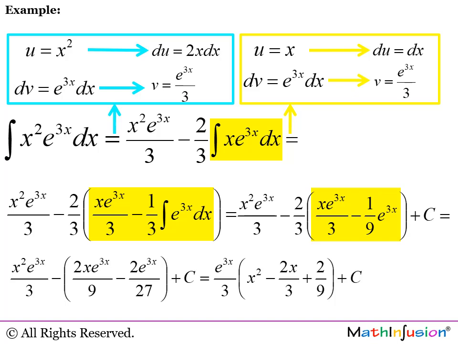So we can distribute e to the 3x over 3, and we get that. Again, I would like to remind you that even though it takes so much time to integrate those functions, it's very easy to check by differentiation that this is really right. You just have to take the solution, differentiate, and you should get your integrand.